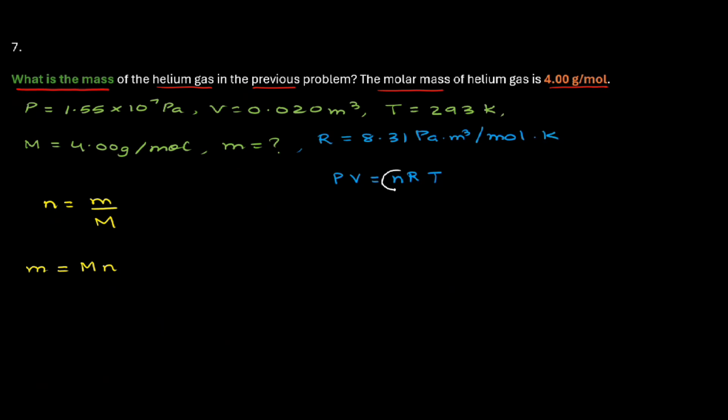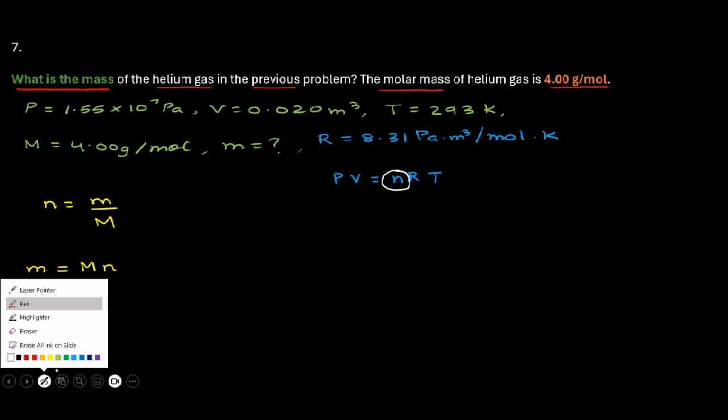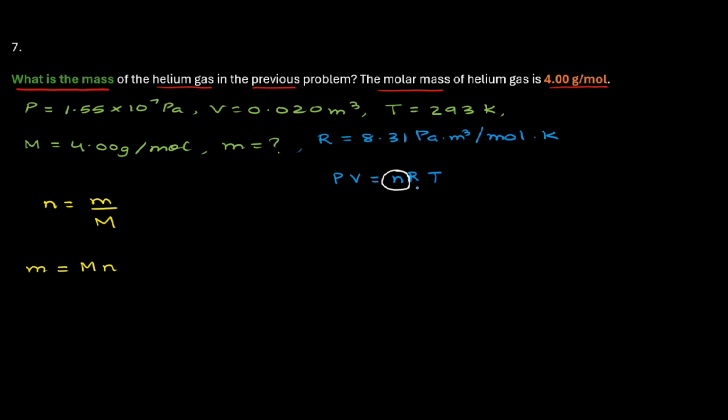To find n, I divide by RT on both sides and write n equals PV over RT.